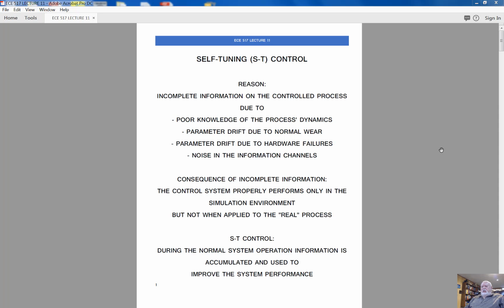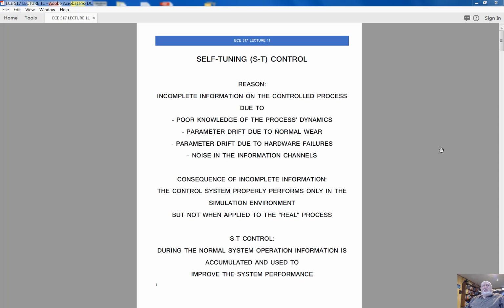In self-tuning control, the underlying concept is that we observe operation of the controlled plant, maybe with the control system that we developed.